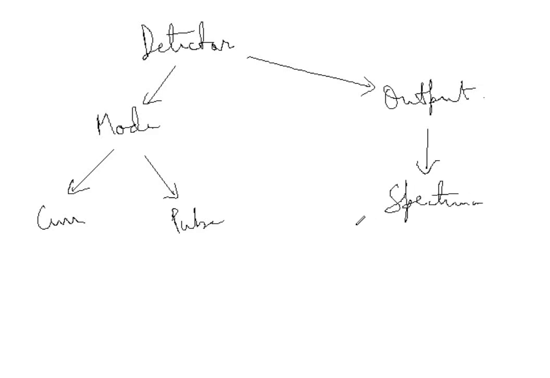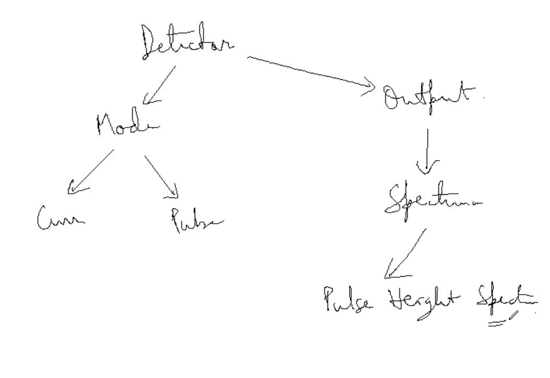Now in this regard, a very important concept is the pulse height spectra, or spectrum. So this is what we are going to talk about next. Our topic is pulse height spectra.